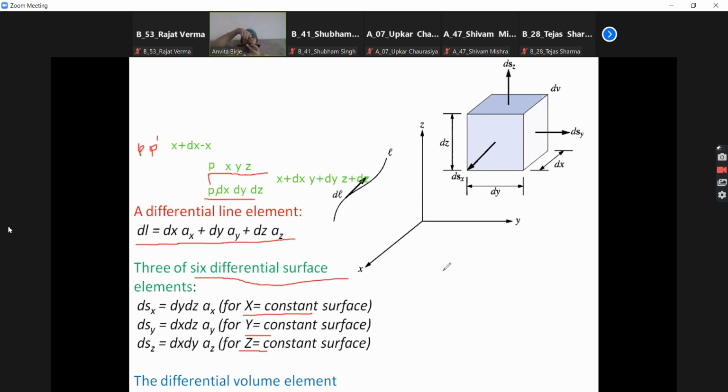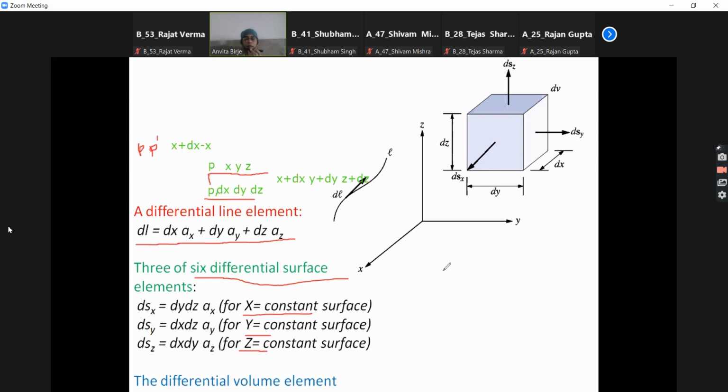So if I have to write the area of the xy plane, how will I write it? dx into dy. dx is this distance, dy is this distance. How do you find area? Length into breadth. So dx into dy will be the magnitude of the area of the xy plane, the z is equal to constant plane.